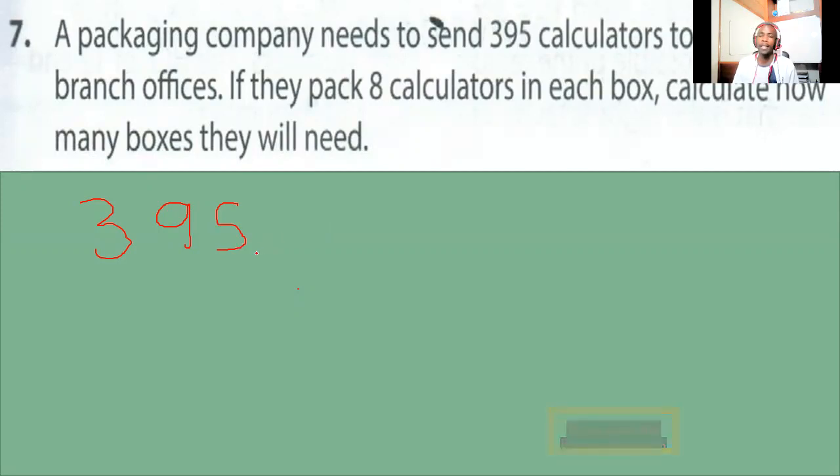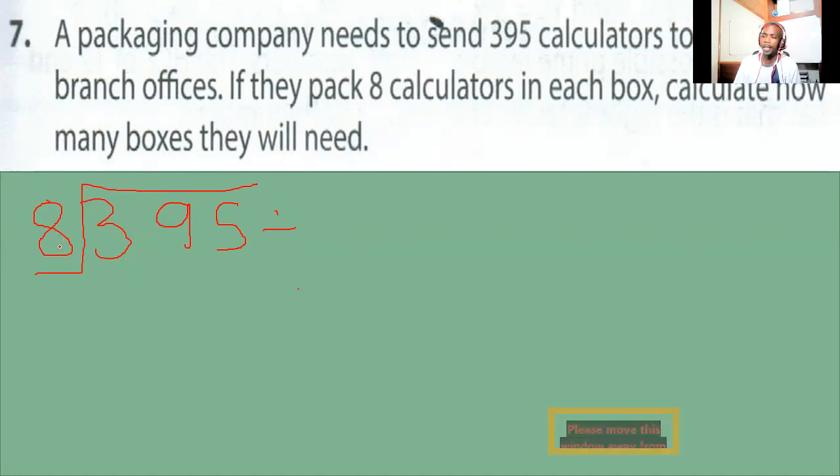Then it means here we are going to divide. So 395, you can do this, divide by 8. 3 is less than 8, so let's say you use 2 numbers, 39. 39 divided by 8.